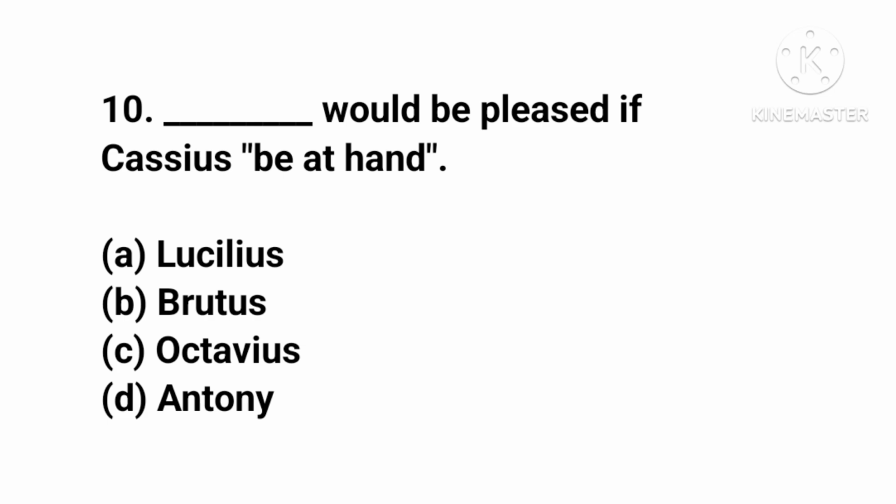So, who would be satisfied? Who would be pleased if Cassius was physically present in front of him? It was Brutus indeed. So Brutus would be pleased if Cassius be at hand.